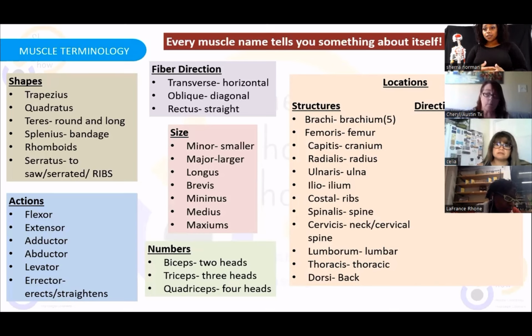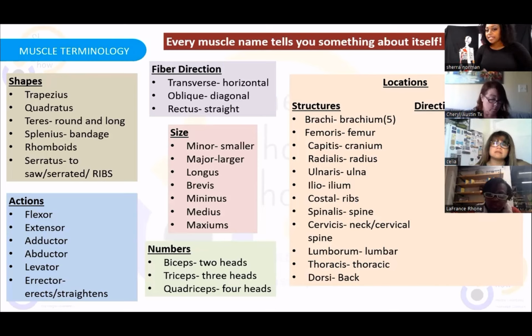Costal is ribs. When you see costal, you know ribs. So the iliocostalis runs from the ilium to the ribs, right? Spinalis is in the spine. Cervicis means neck. So we have splenius capitis and splenius cervicis. One goes to the neck, one goes all the way to the cap. Lumborum is lumbar, thoracis, and dorsi, of course, is back.